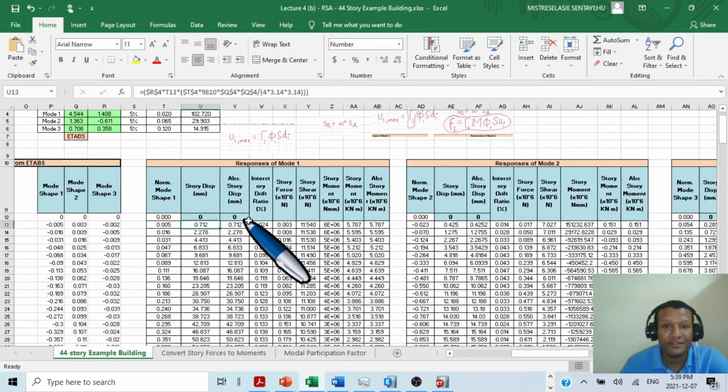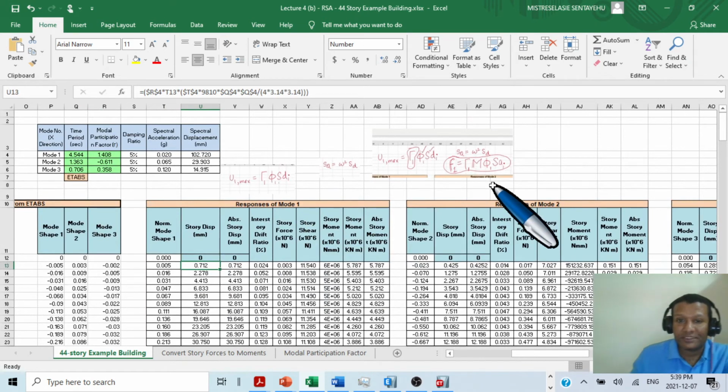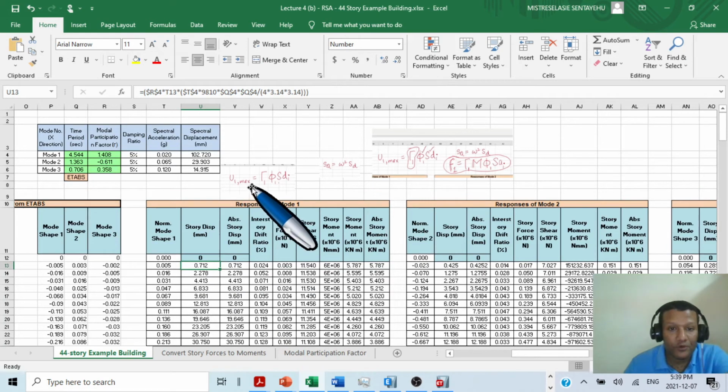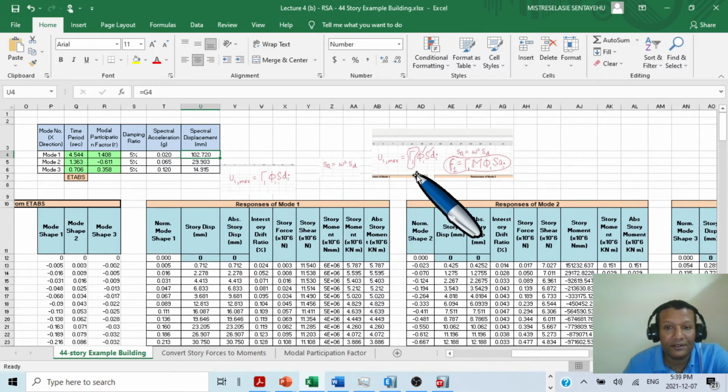Then story displacement, we have the formula. u1 is equal to, as you see the formula, I can show you, the mode participation factor times mode shape times SDi. So SDi for mode 1 we have here, and for the mass participation factor R1, this we calculate now.